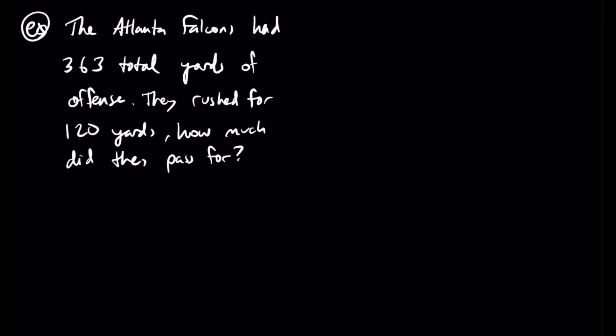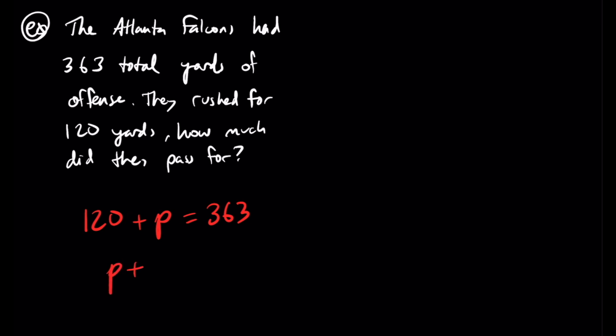The Atlanta Falcons had 363 total yards of offense. They rushed for 120 yards. So how much did they pass for? So we know that they rushed for 120, and then they threw for some amount. We'll call it P for pass yards. And then when you add those two together, you get 363. So let's solve for the missing variable. Again, I like to put the variable all the way to the left.